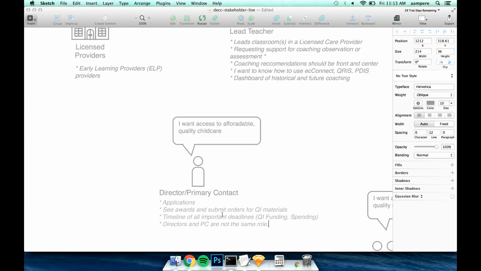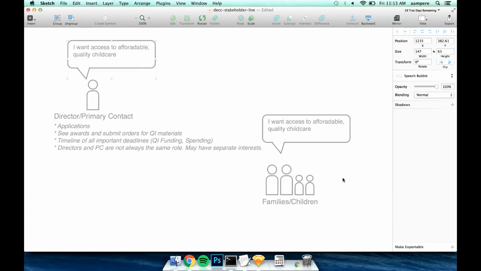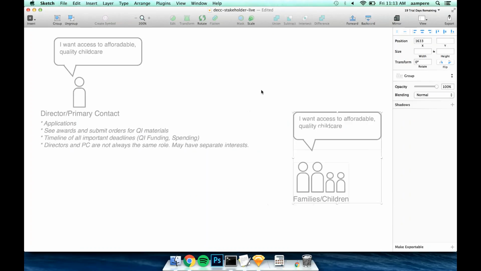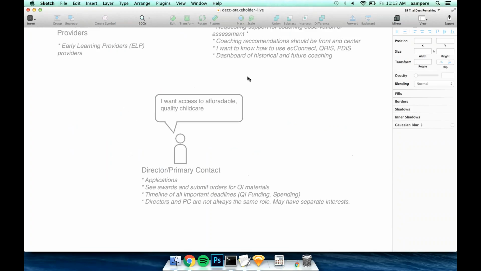Would you say that's the exception in terms of how often they're not the same? No, it's just larger organizations have a director who oversees multiple sites, and they might have different primary contacts for each location, but the director might be authorized to sign in some cases. Sometimes it's the primary contact, and sometimes it's the director that's the authorized signatory for MOUs.